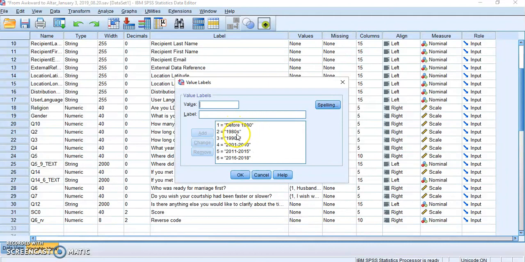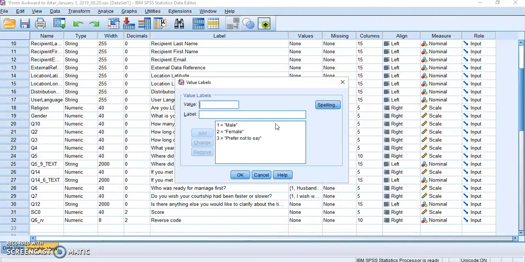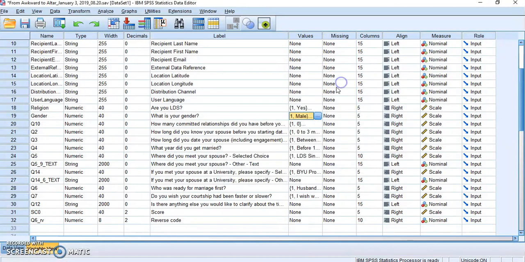Before 1980, 1980s. This is a continuous variable because 6, being 2016 to 2018, is higher than 1, being before 1980. So the numbers actually mean something, whereas with gender, the numbers don't really mean anything. I could have put female as a 1 and male as a 2, and it would have done the exact same thing.